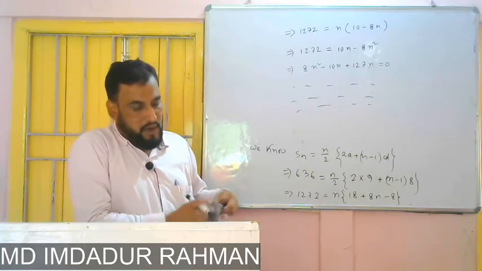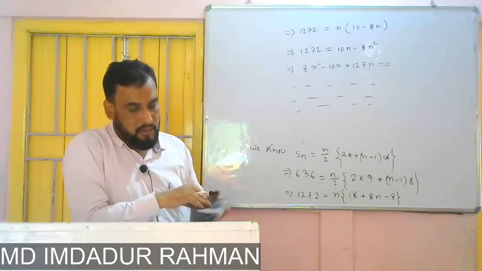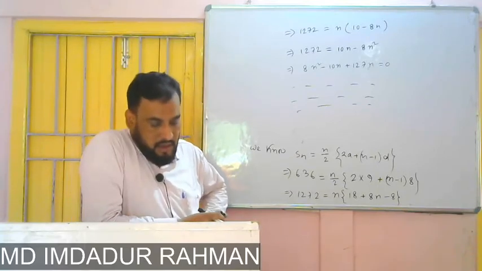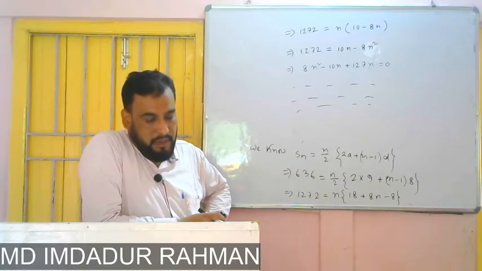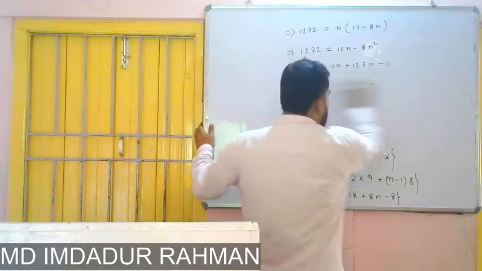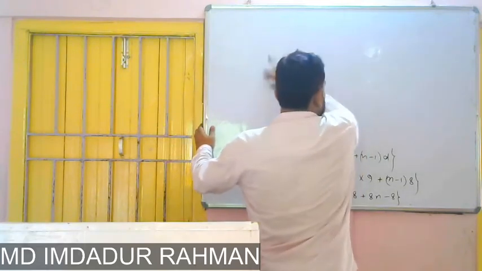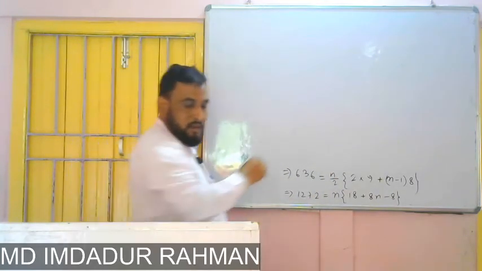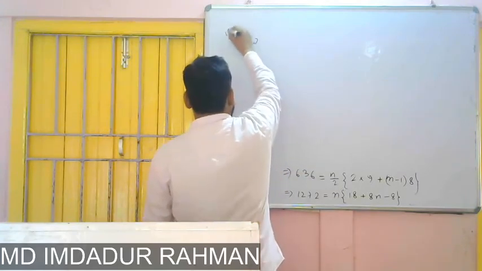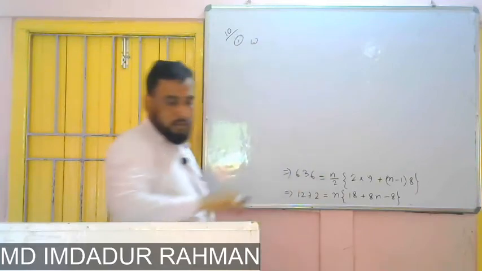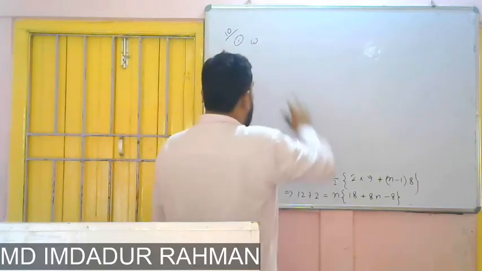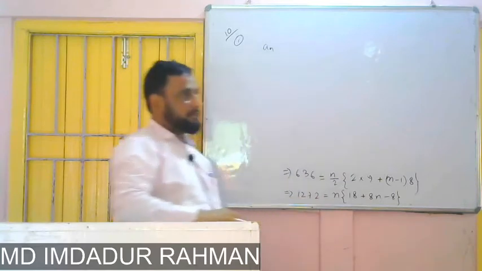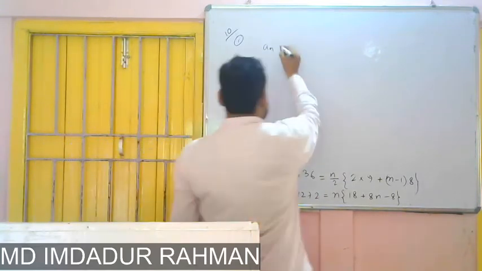So we have to show that a1, a2, a3 up to an form an AP.